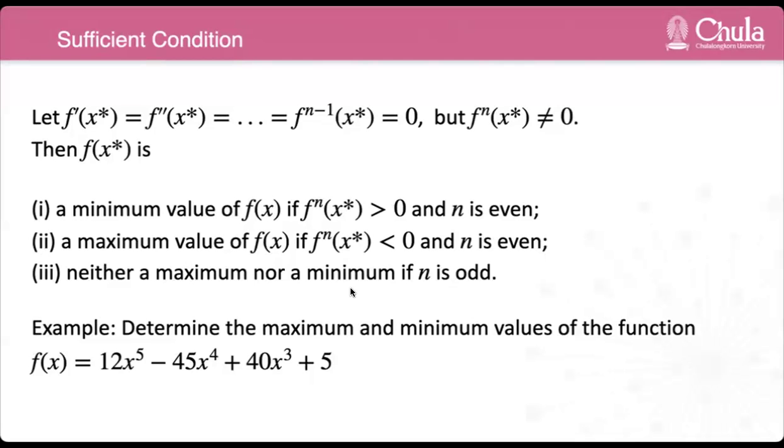Then f(x star) is a minimum value if n is even and this value is greater than 0. Or f(x star) is a maximum if n is even and this nth order derivative is less than 0.